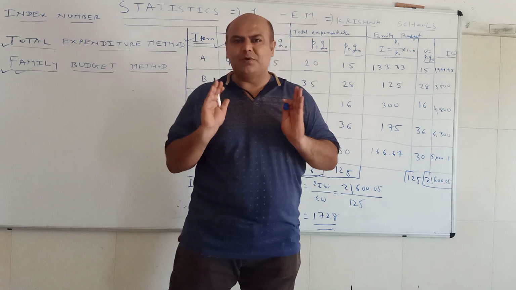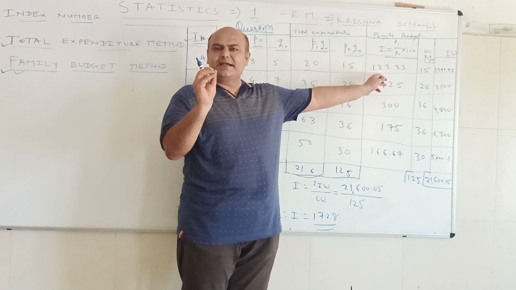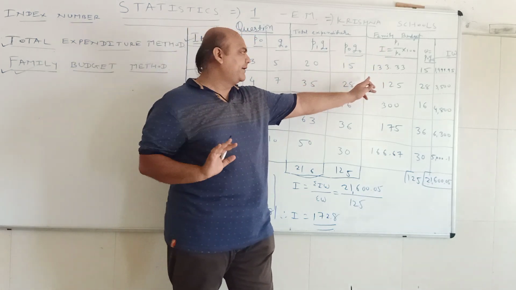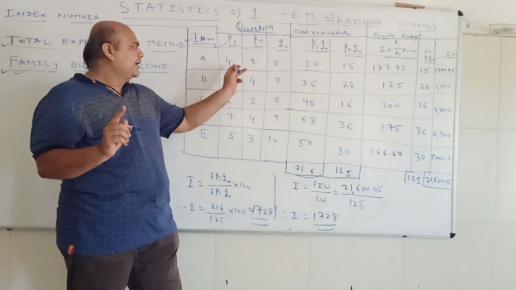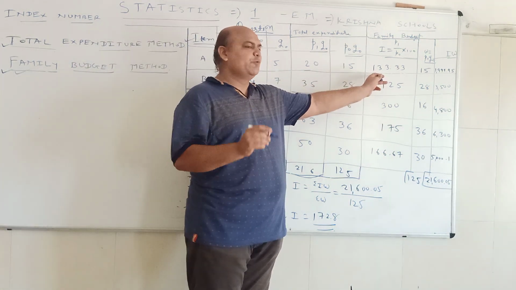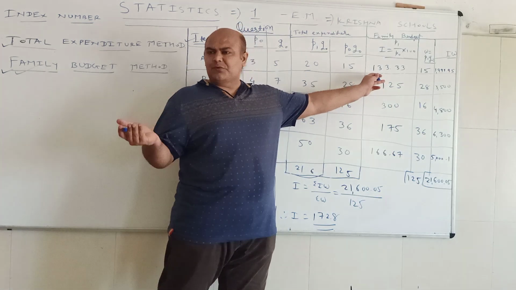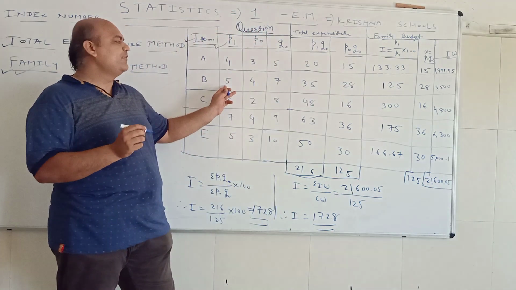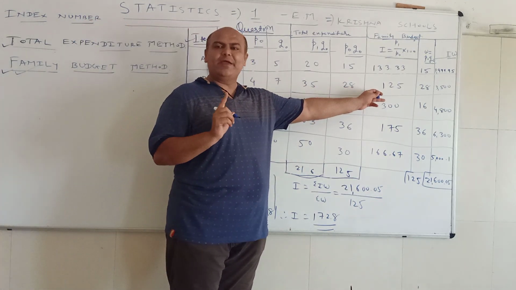Now let's see the calculation. The first additional column for family budget is I. The formula is P1 upon P0 into 100. Here P1 is 4, 4 divided by 3 into 100, the answer comes 133.33. We can easily do this with a calculator. Calculator is with you all. After that, 5 divided by 4 into 100, that is 125.